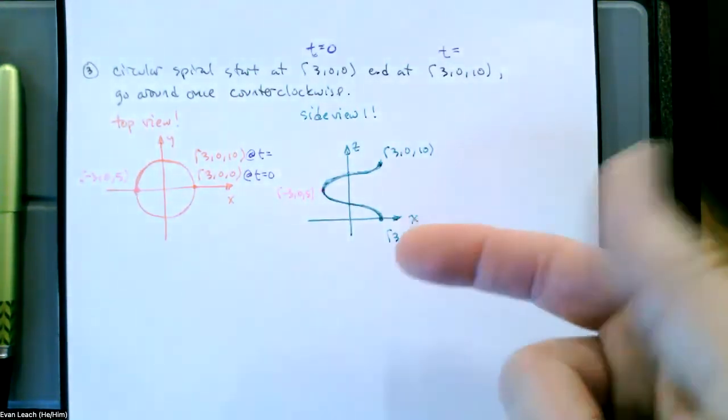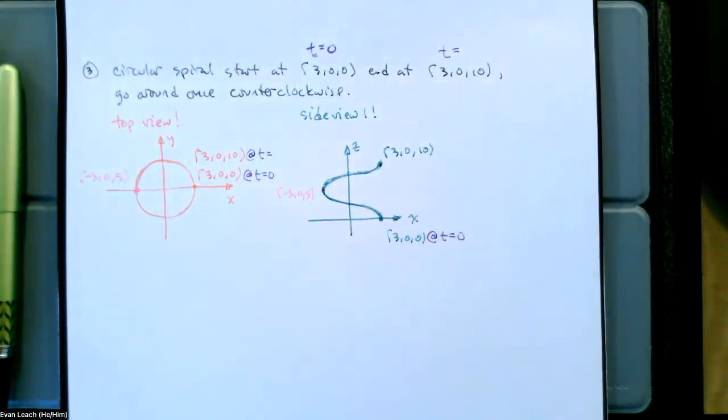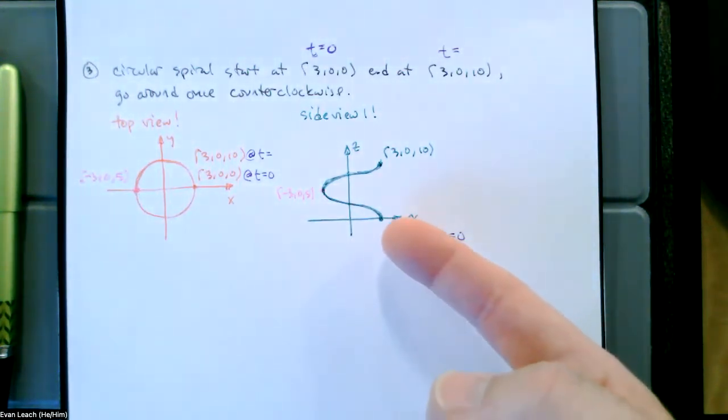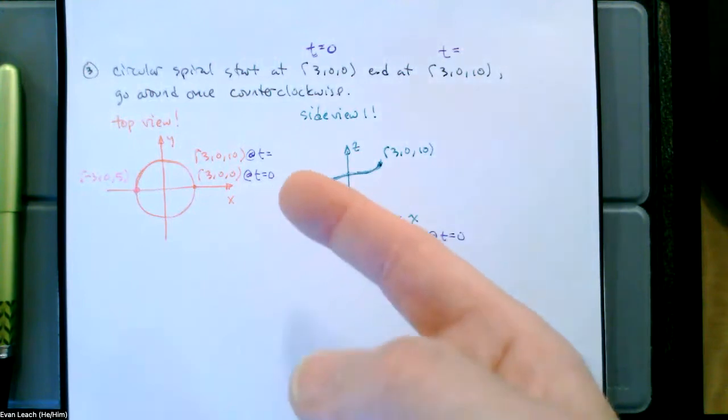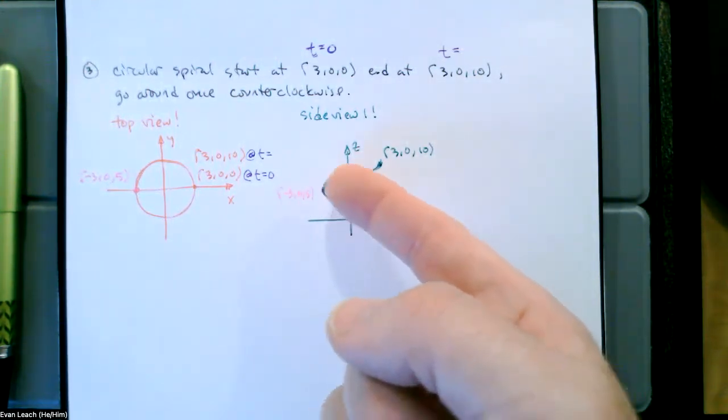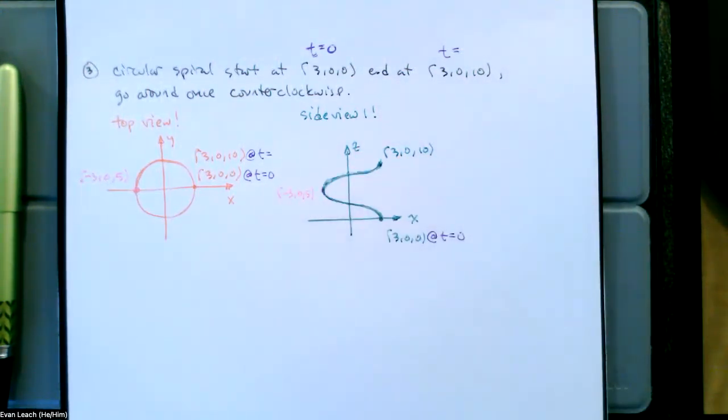So when it starts off, if the positive y is coming straight out at us, this x starts coming out at us, then it goes back down into the paper, then this second half is behind the paper.